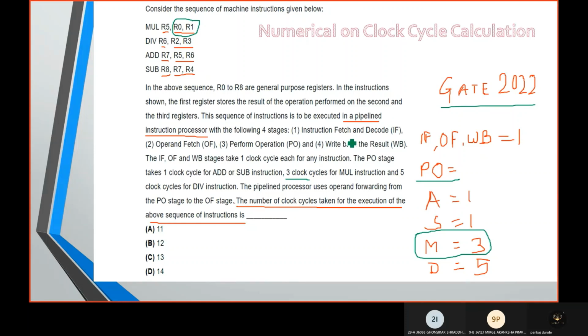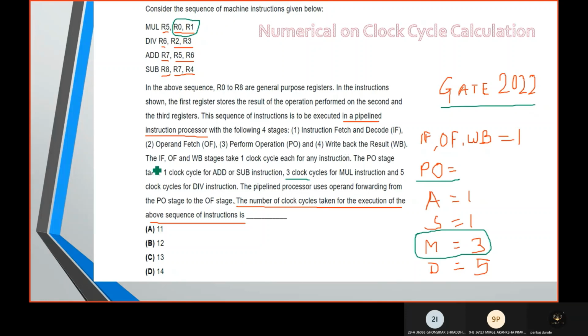In instruction fetch and decode, we fetch the instruction, and while decoding it, we understand whether that binary pattern is for some specific instruction. In operand fetch, we fetch the required operands of that instruction. Then perform operation, where we actually perform the operation, and write back the result.